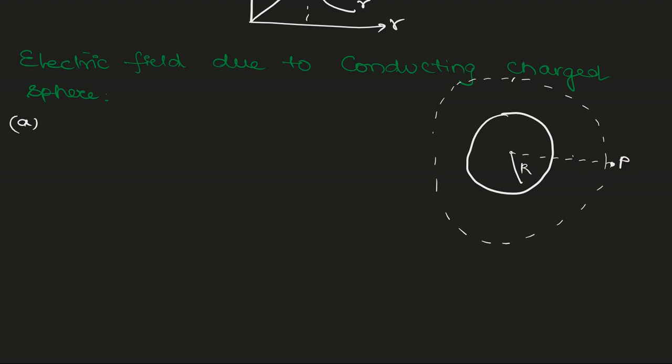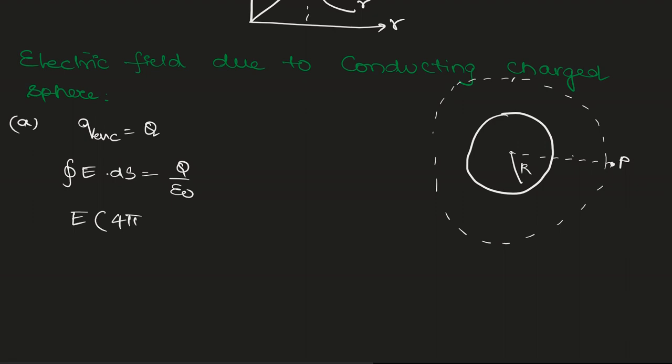So charge enclosed will be equal to total charge. So if I apply our Gauss law, integration of E dot ds will be equal to Q by epsilon naught, or E into surface area of that Gaussian surface, as it is spherical in nature, equals Q by epsilon naught.